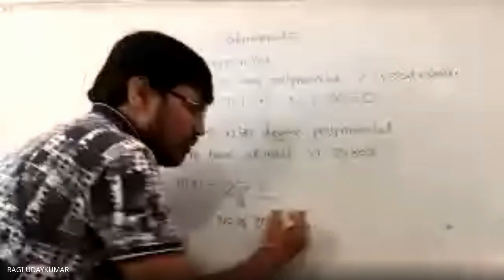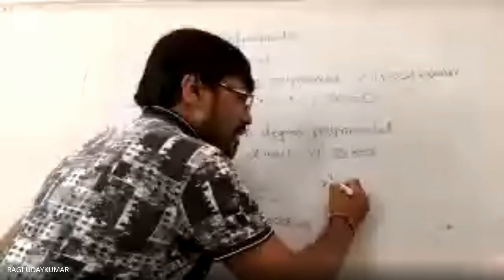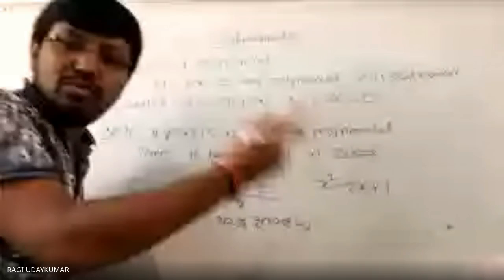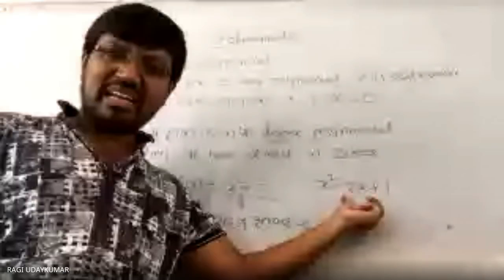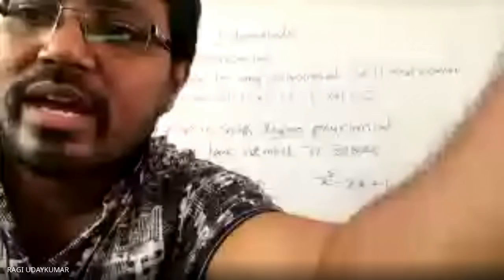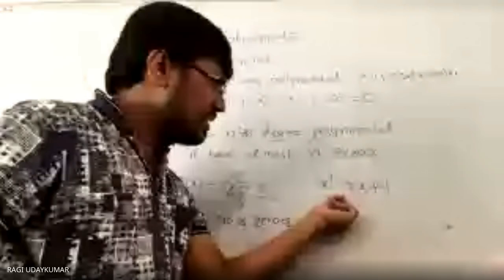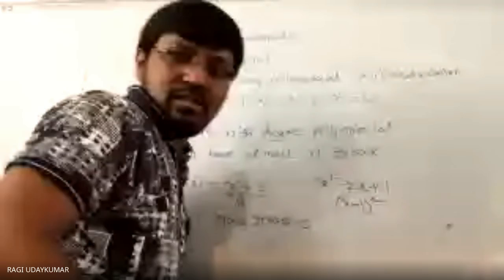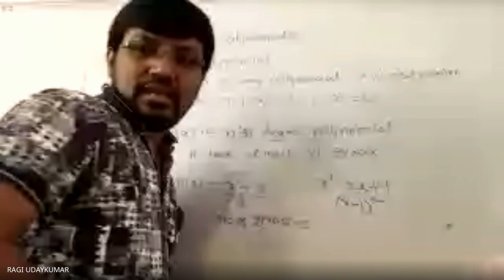If you take x square minus 2x plus 1, it is one more example given to you. This polynomial can be written as x minus 1 whole square. If you know the a minus b whole square formula, this is in the form of a square minus 2ab plus b square.